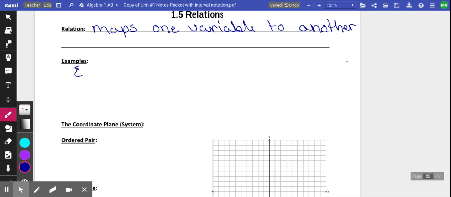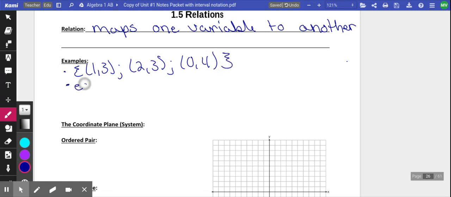You could have just a set of points, a list of points. You can have an equation. So y equals 2x.